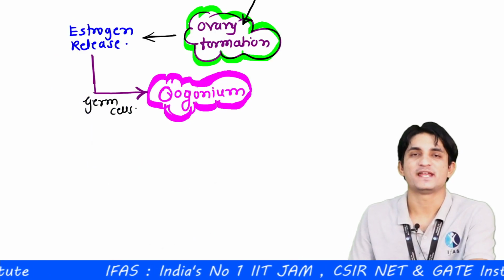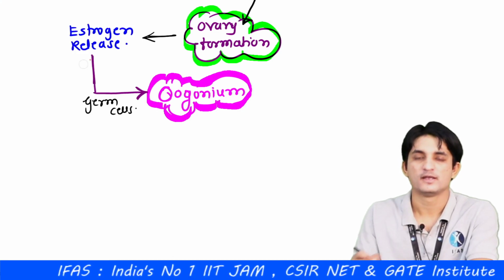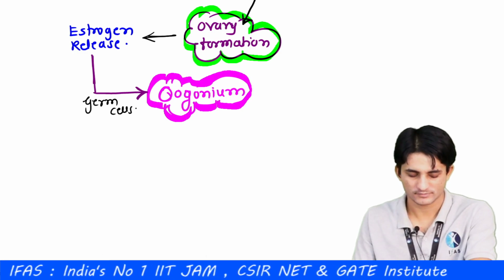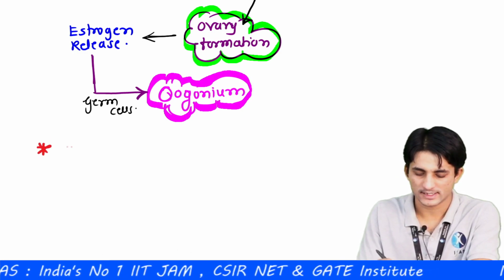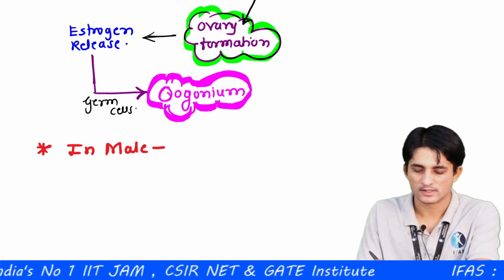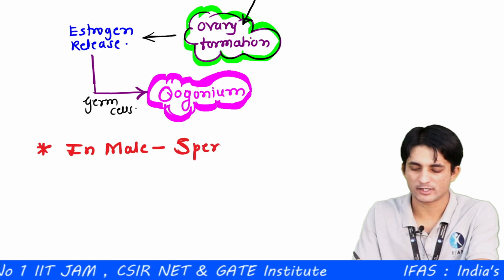So in higher animals we have discussed determination of the germ cells. Now one by one we will discuss the process of gametogenesis. First, in the male there is the process of spermatogenesis.